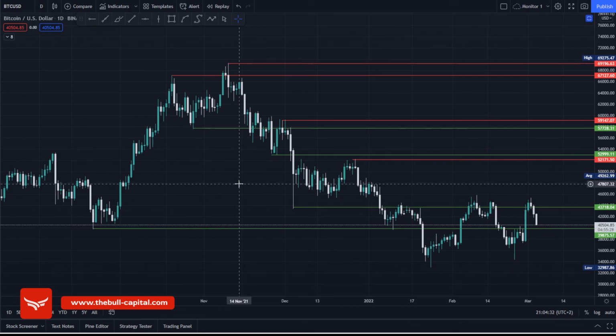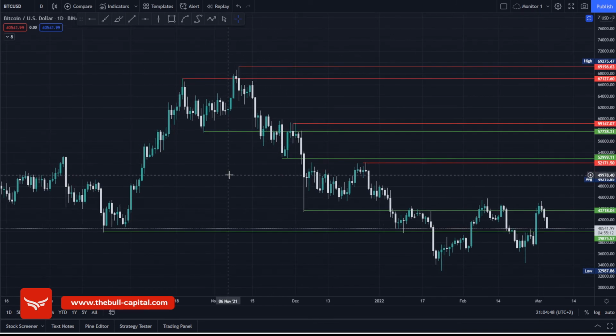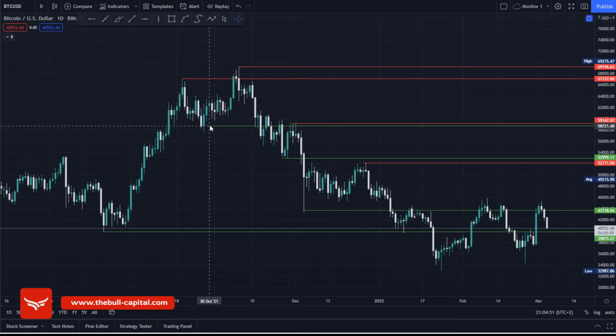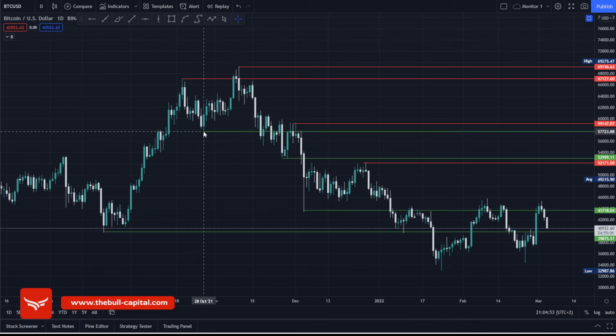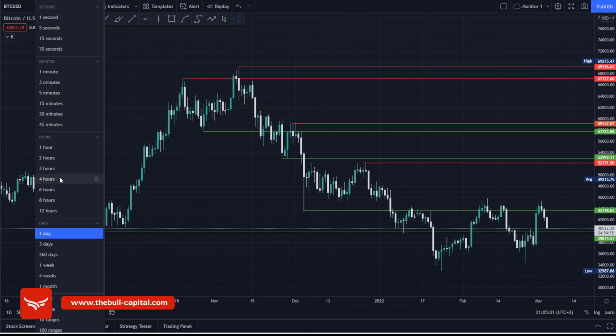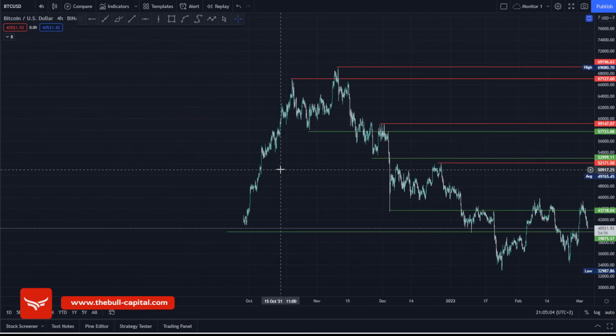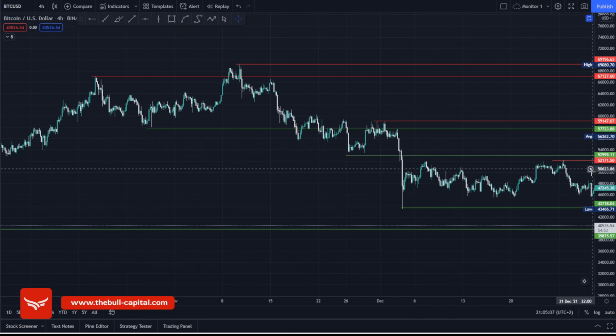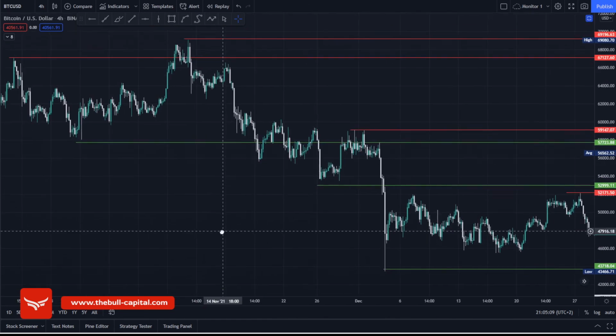Okay, so this is how you actually mark levels. Maybe some of them you don't really understand, for example this one, because you see these candles going up and down. Maybe this one has not much value on the daily time frame, but maybe on a lower time frame it has. Let's check the 4-hour. So actually on a lower time frame it has.